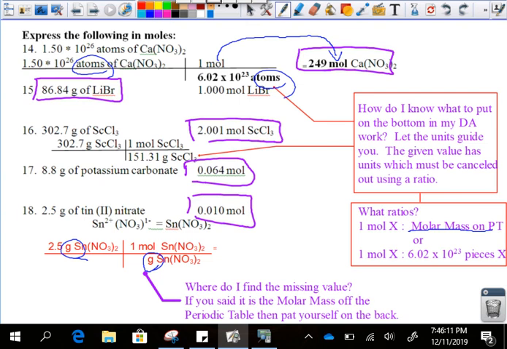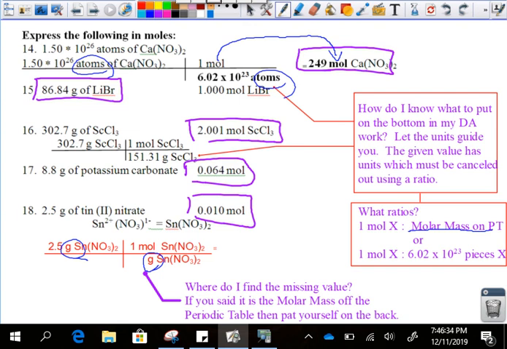I'd have to look up scandium and 3 chlorines, add them together, and get a molar mass. I'm betting the molar mass is 151.31 because I typed it up. Then I divide the given mass, 302.27, by the 151.31, and I get the moles.